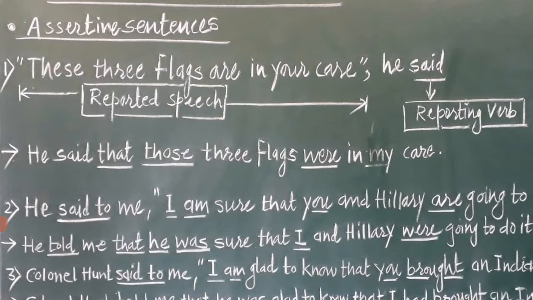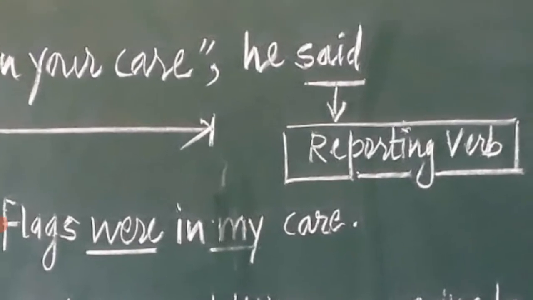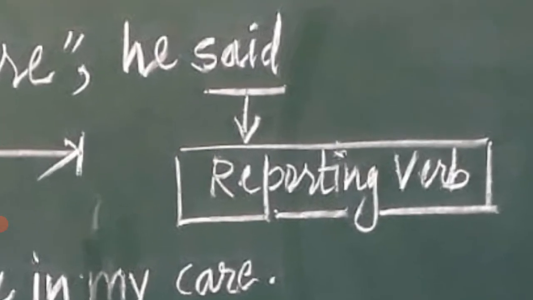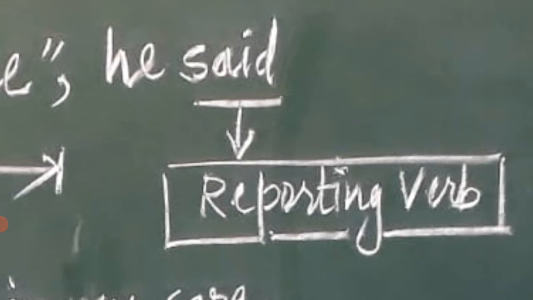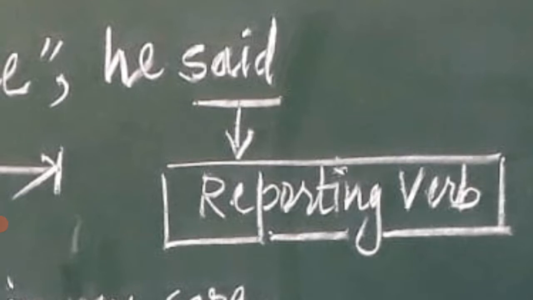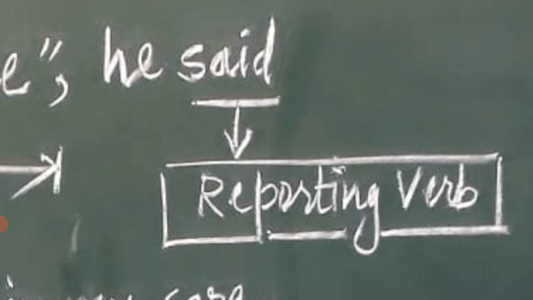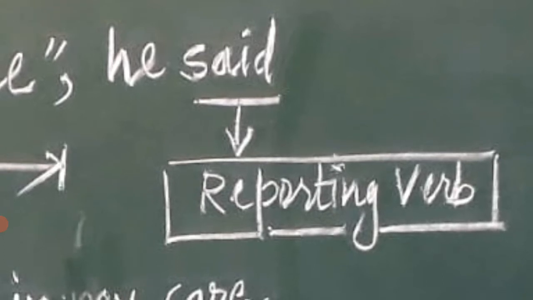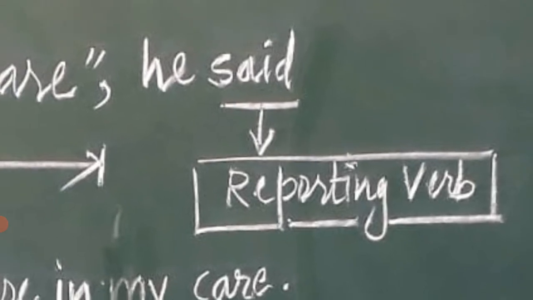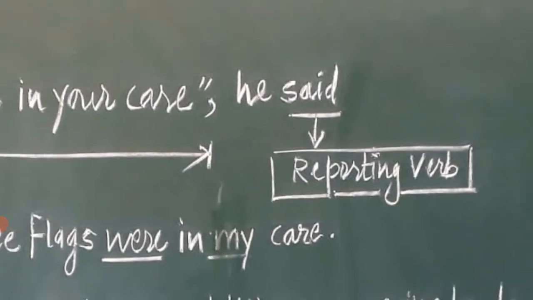For example, whether the reporting verb is in present or past form. You can see here that said is there and it is the second form or the past form of the original action verb say. All the rules which we learned in the earlier video are applicable for this activity of converting into indirect speech.